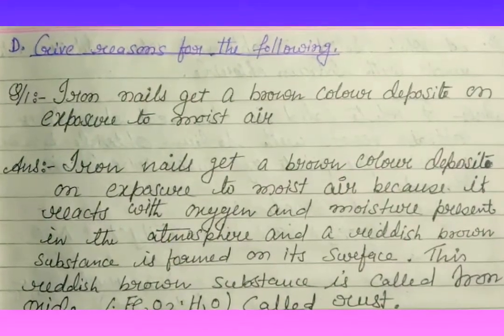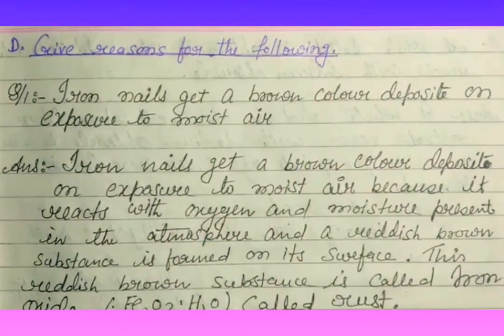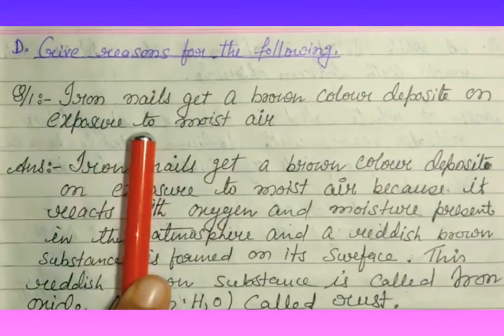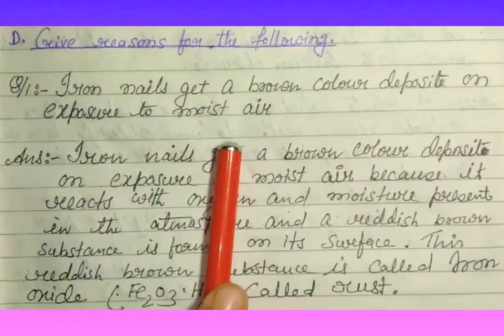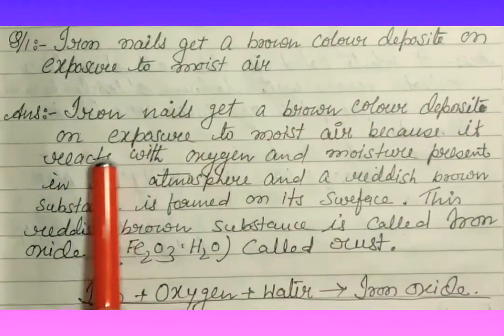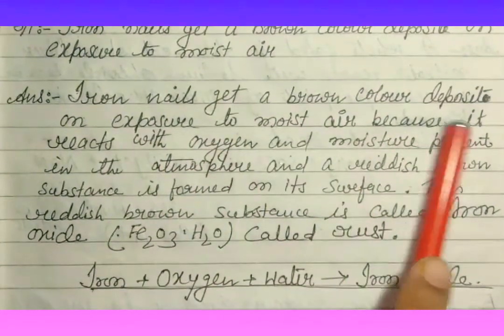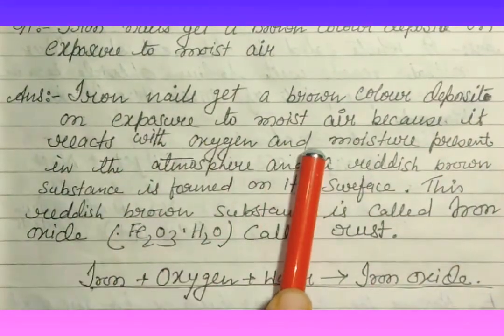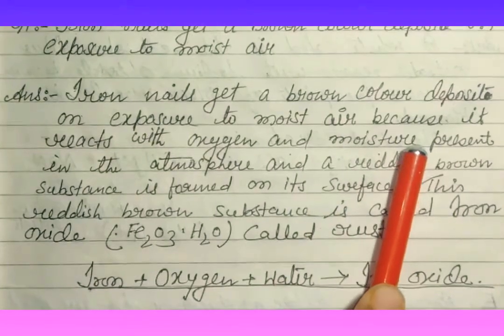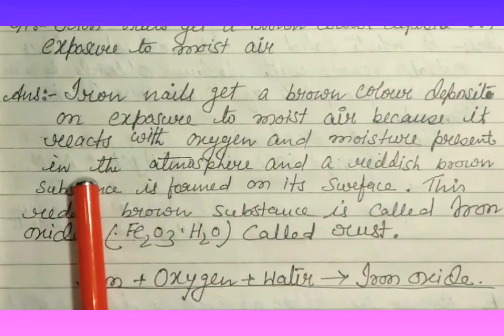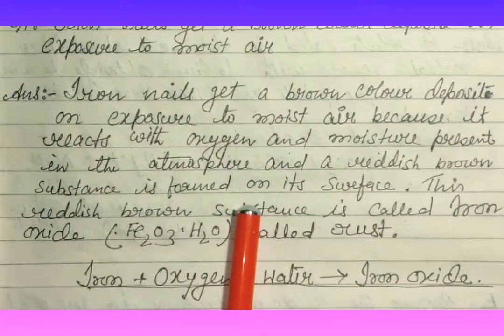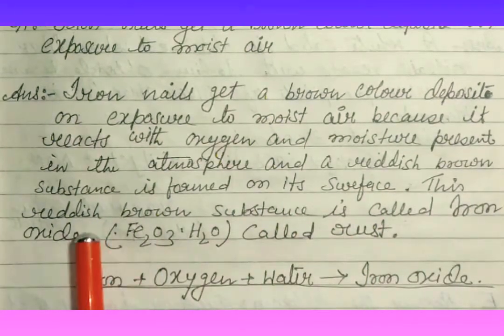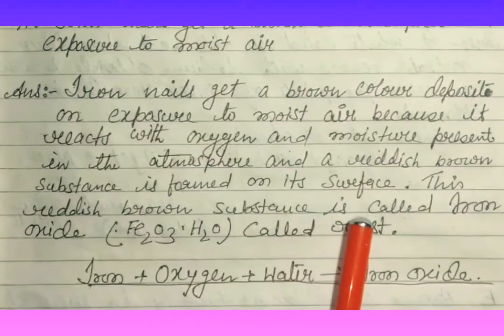Now the next question: give reasons for the following. Number 1, iron nails get a brown colored deposit on exposure to moist air. Iron nails get a brown colored deposit on exposure to moist air because iron reacts with oxygen and moisture present in the atmosphere and a reddish brown substance is formed on its surface.